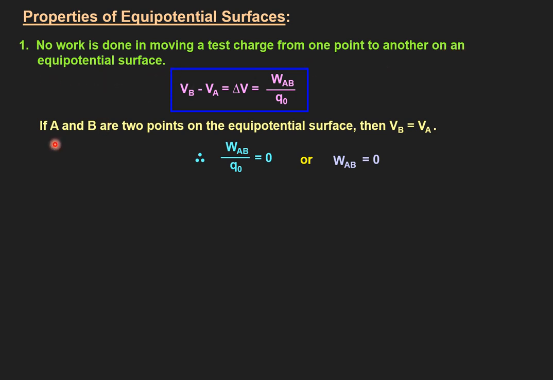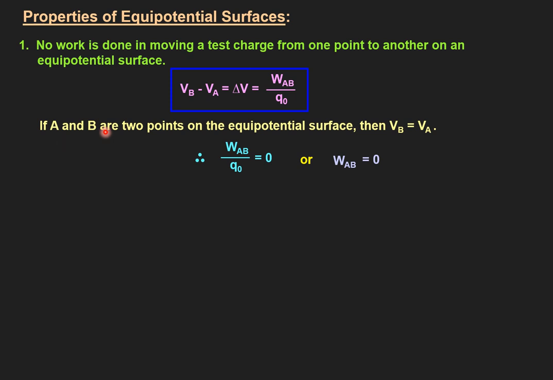It depends on the examiner what type of surface, like equipotential surface, due to which charge configuration he has given. But immediately you have to pick this point: if the given surface is an equipotential surface and you are asked to calculate the work done in moving the test charge from one point to another lying on that equipotential surface, you directly put that the work done will always be 0.